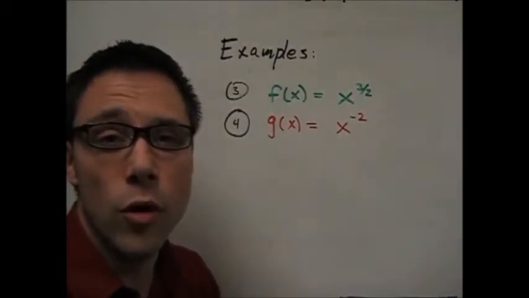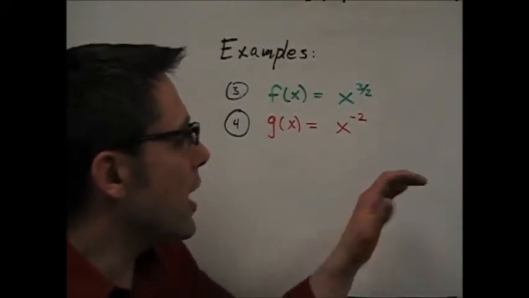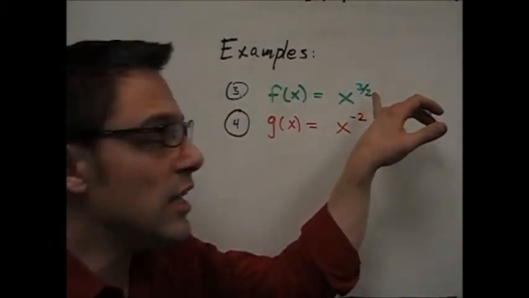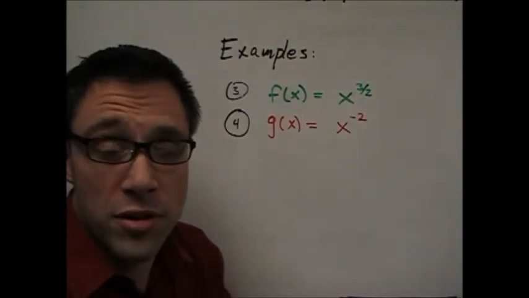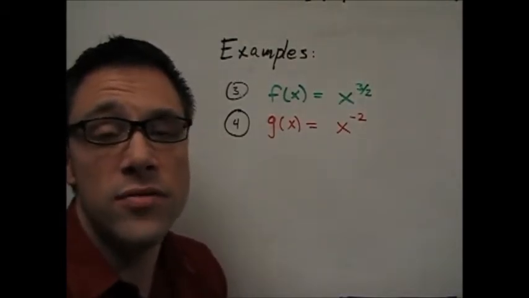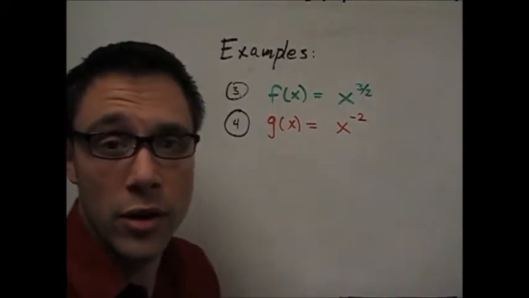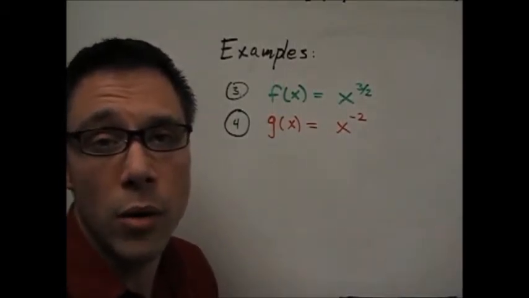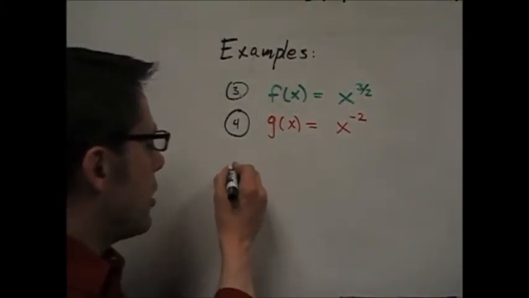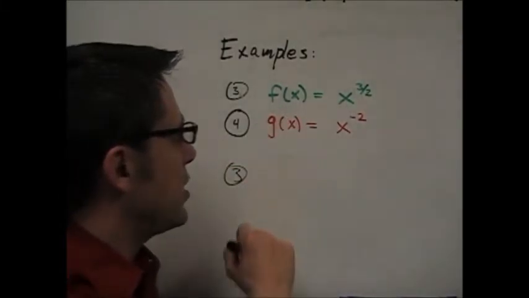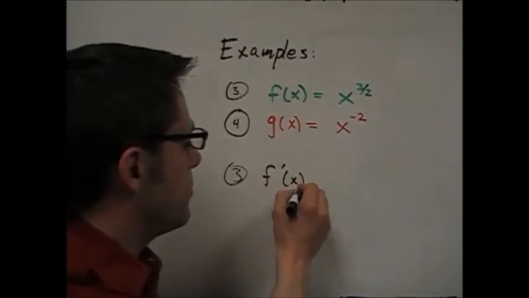Let's look at some more examples. So here I have a function that has a fractional exponent and one that has a negative exponent. But don't worry, the procedure is exactly the same. We just follow the rule. We take the power down in front as a coefficient and reduce the power left over by 1. So on example 3, I take the derivative of f with respect to x.